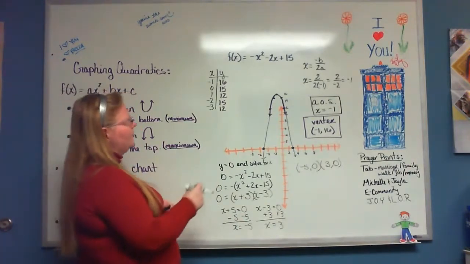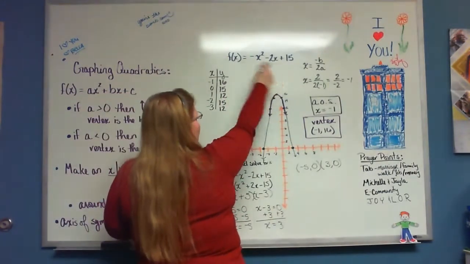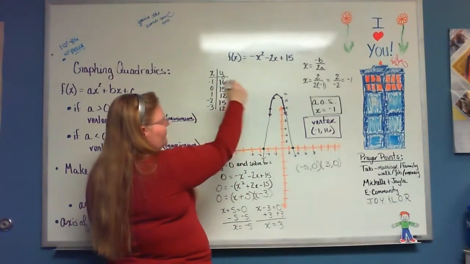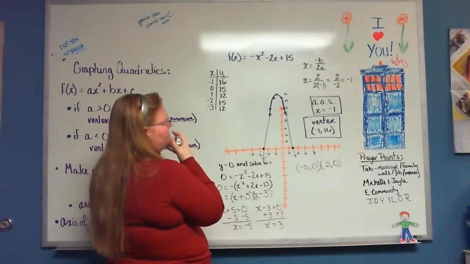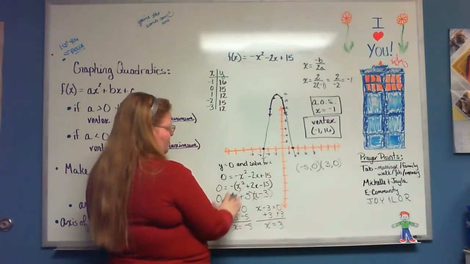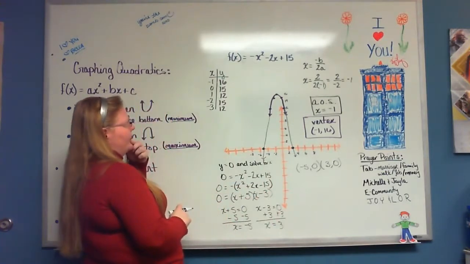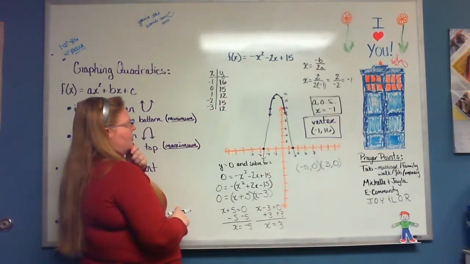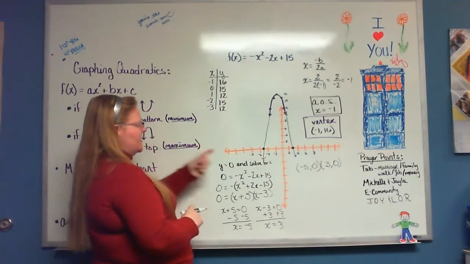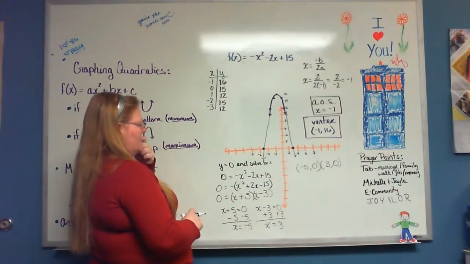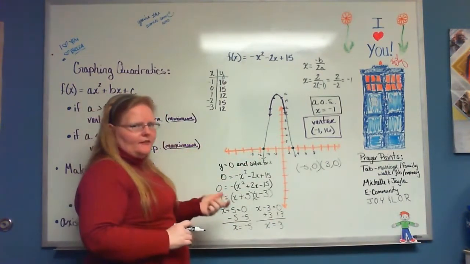So even up here, when we were just looking at it, we could have factored it to get our x-intercepts. Instead of all this plugging stuff in. Huh. Your x-intercepts come from factoring. I'm sorry, but I think that's pretty cool.